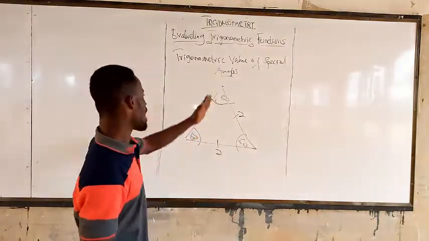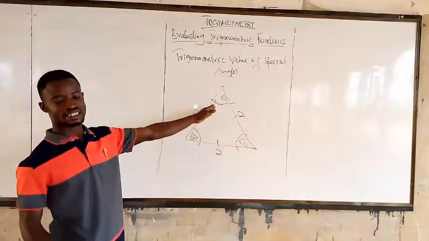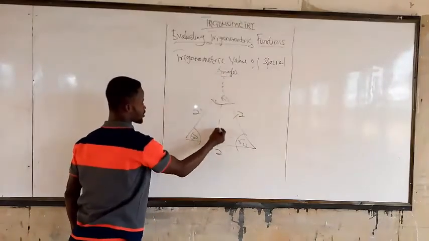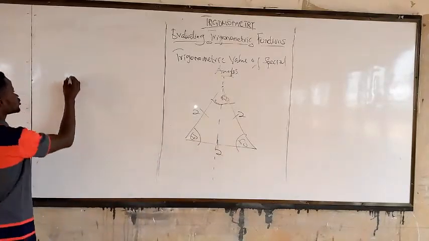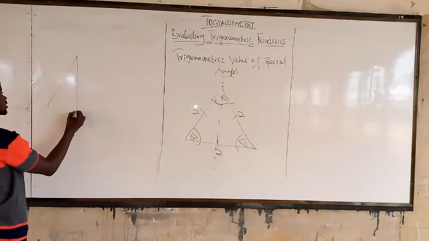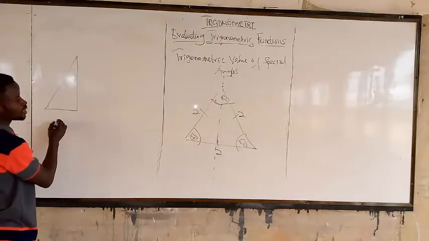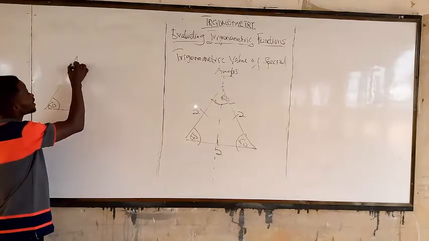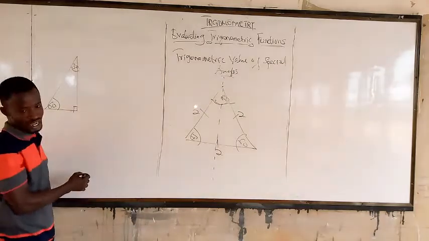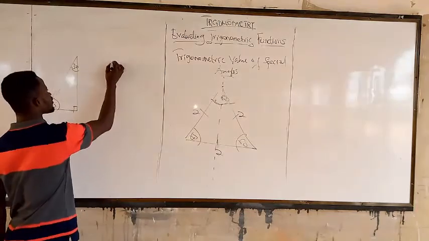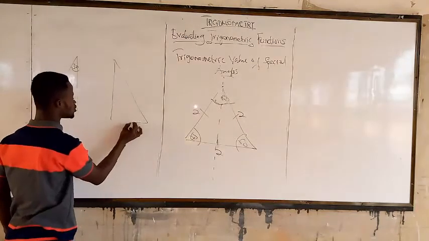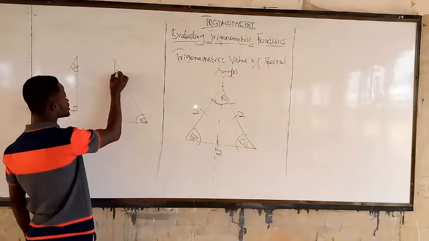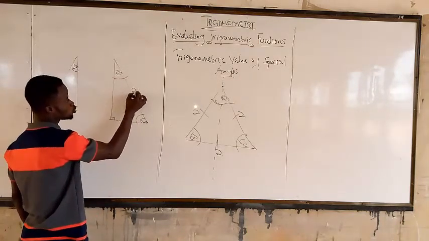When we bisect this equilateral triangle, here is going to be 60, and 90 will form here. Then here is going to be 30. And the other one will also be like this. Here is going to be 60, but here will be 30.